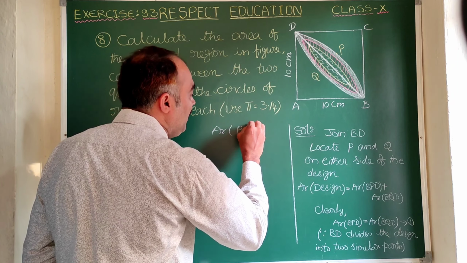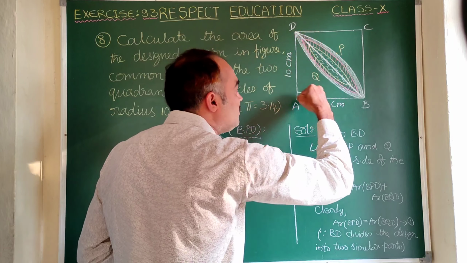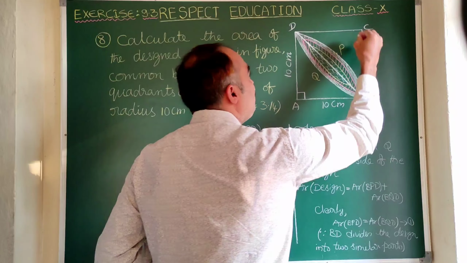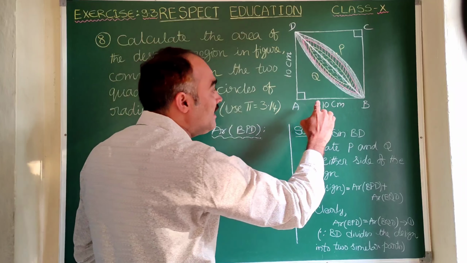If you observe carefully the given design, this design is the common part which is made by two quadrants. As you know, the angle at the center in a quadrant is 90 degrees. So here ABD is one of the quadrants, and here BCD is the other quadrant of a circle whose radius is 10 centimeter.